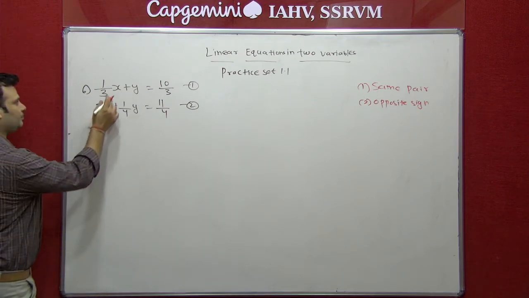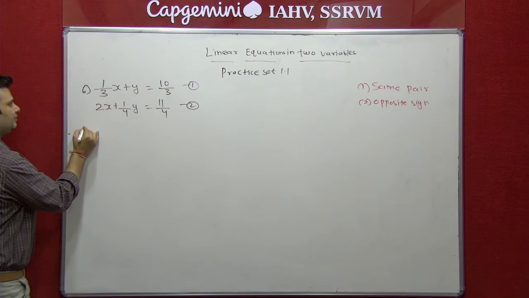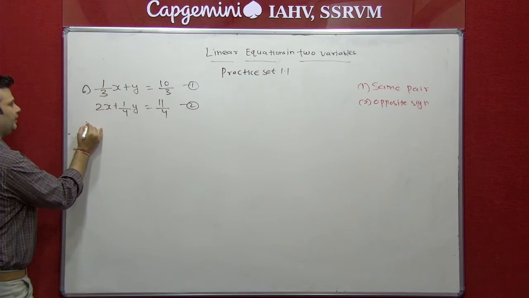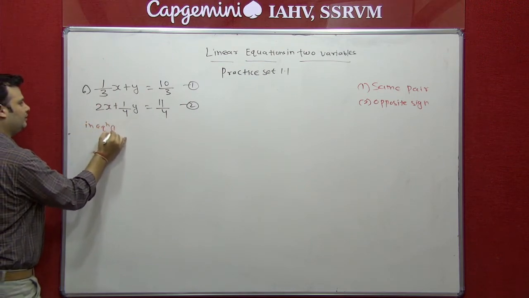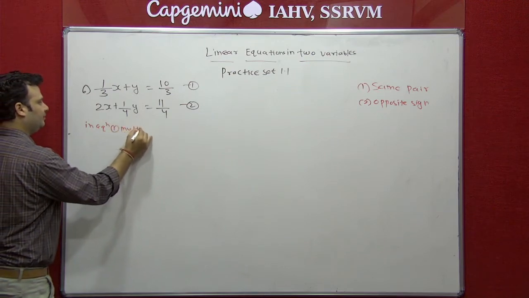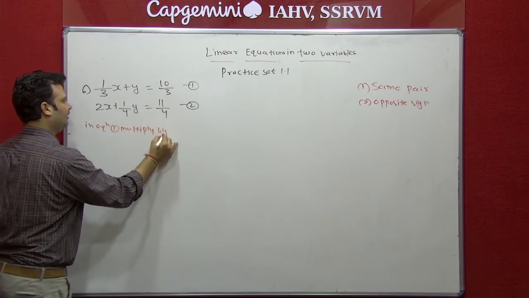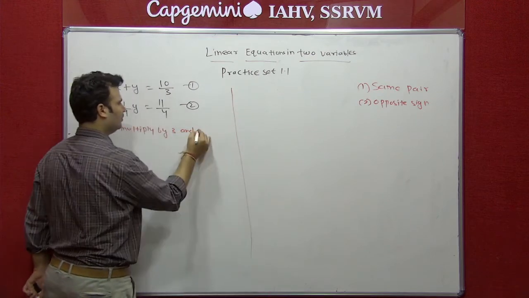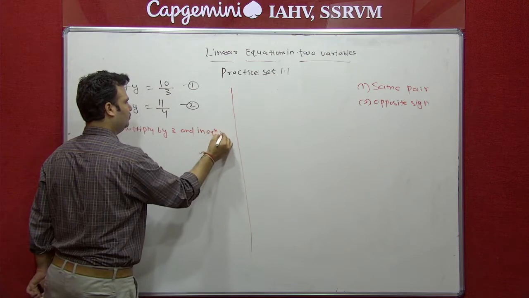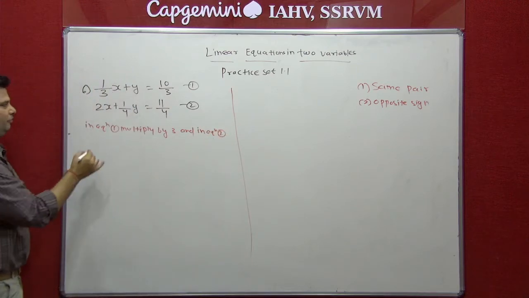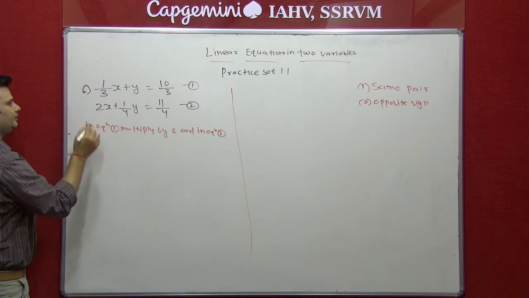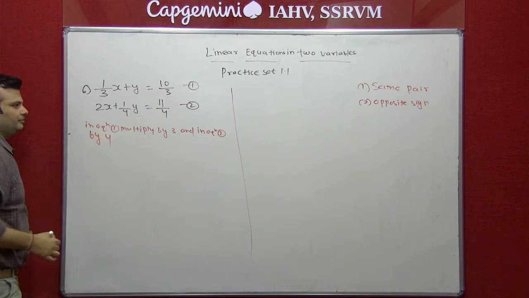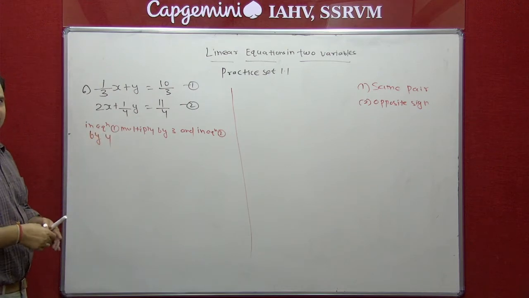So we multiply equation 1 by 3 and equation 2 by 4. Let's check what we'll get.